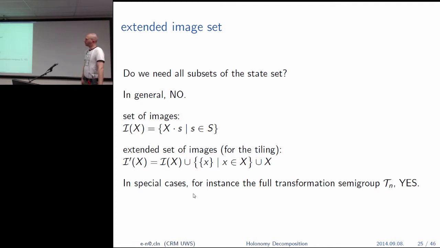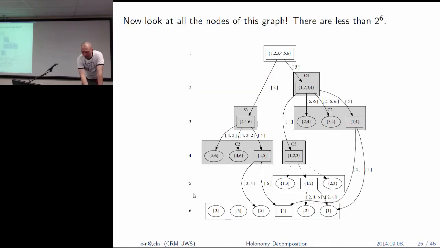There is a technical thing: it's not just the set of images, but we need the extended set of images, because sometimes the semigroup may not contain the singleton sets as its images. But in order to be able to tile every set, we need those as well. But that's just a technical thing.